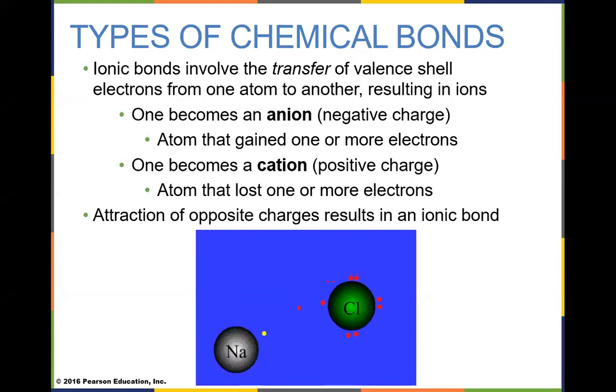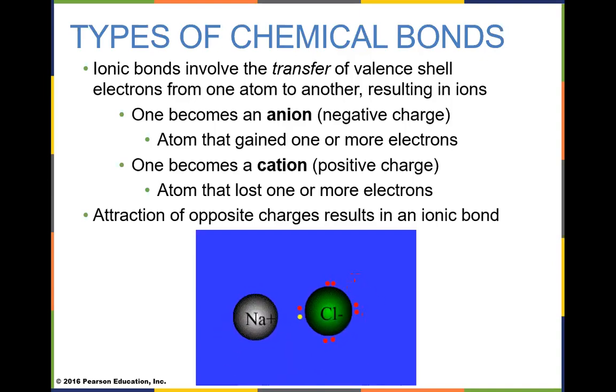Positive cations are attracted to negative anions, and salt crystals are the result of that. Now, it's not a very powerful bond. It breaks apart very easily.